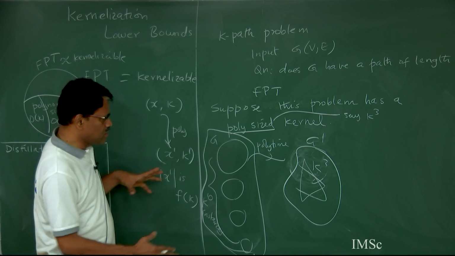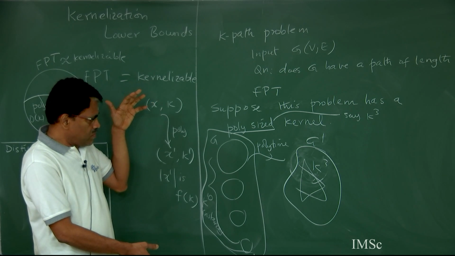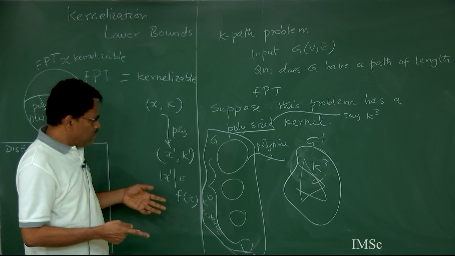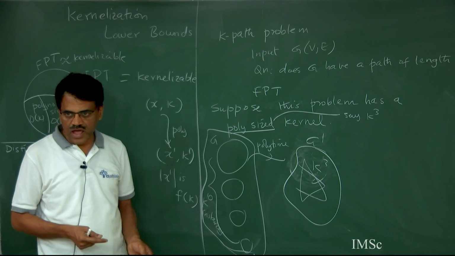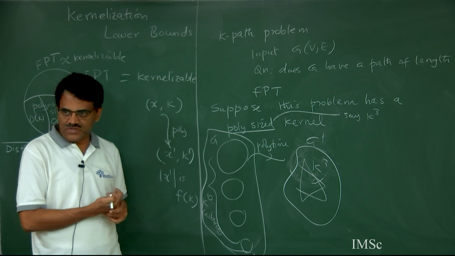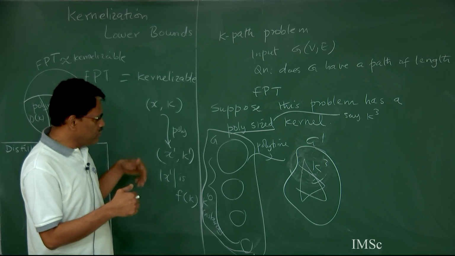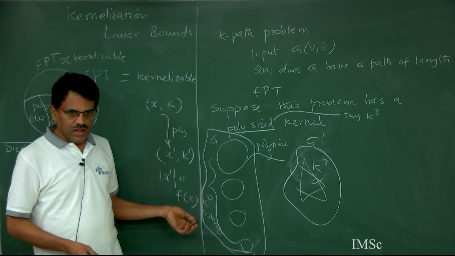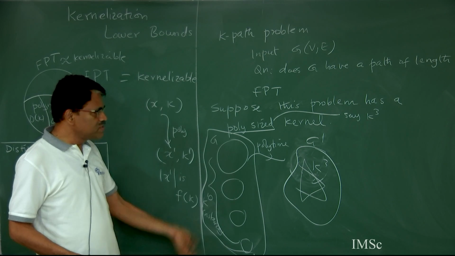But somehow in this, there are k power 10 instances. This compression algorithm somehow has to remember, suppose there was this one instance which has a path of length k, it is in this compression, because it is an equivalent instance, it should remember that. But this seems too much because you have a lot of instances and you have even forgotten a whole lot of instances. So, somehow in this compression, since the number of vertices in the compressed instance is very small, many instances did not seem to matter.